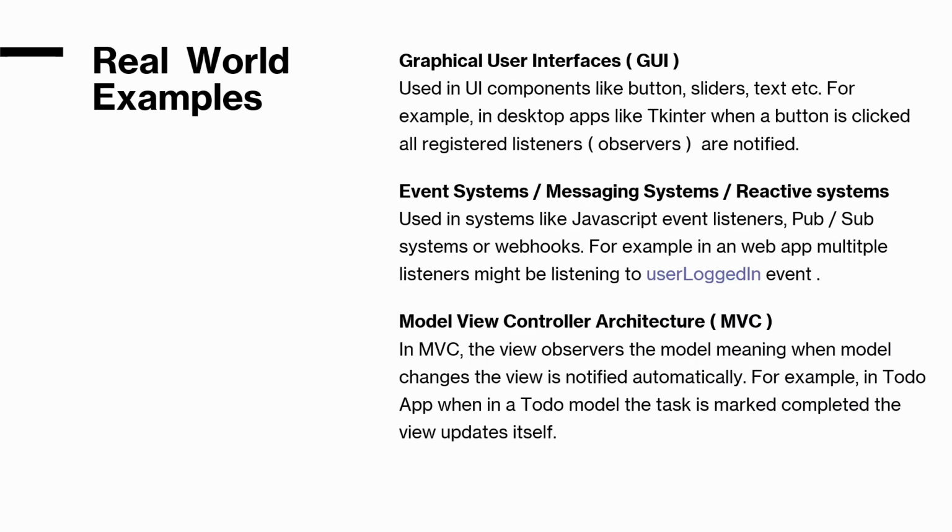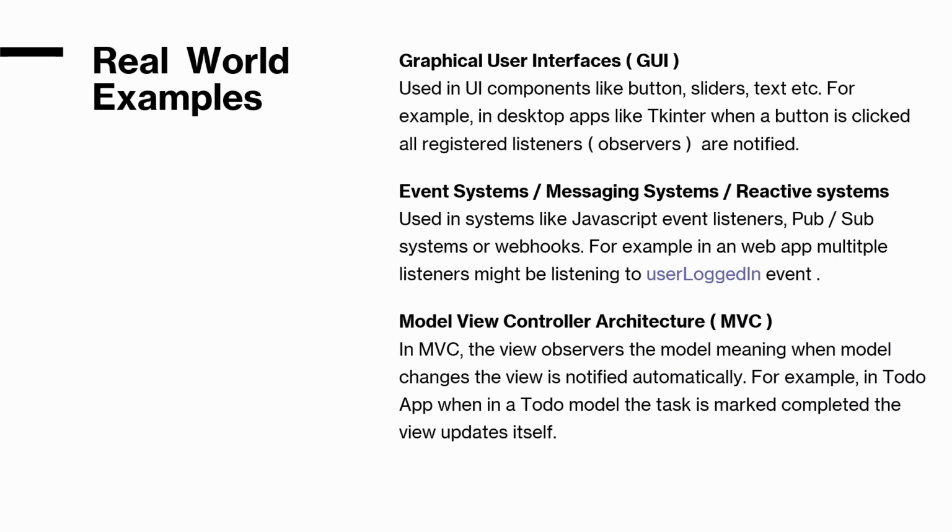In the model view controller architecture, which is a very famous software architecture, the view is the one that the user interacts with. The view takes the user inputs and the user does some events. And in the model view controller architecture, the view observes the models, meaning the model is the actual data that is getting stored.